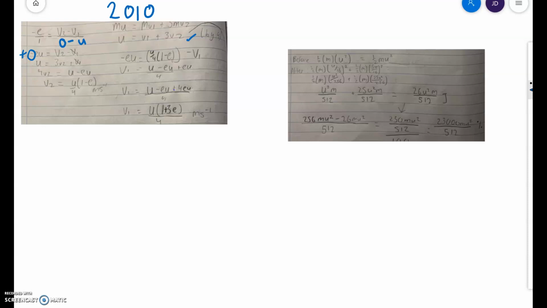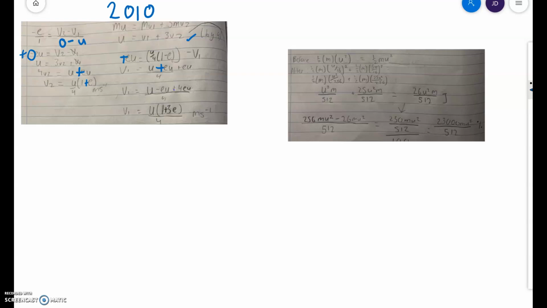So you got 4v2, and this should be a plus. And so that should be a plus, which makes this wrong as well. Because that should be a plus here, and so that should be u plus. Oh sorry, yeah, that should be a plus there.